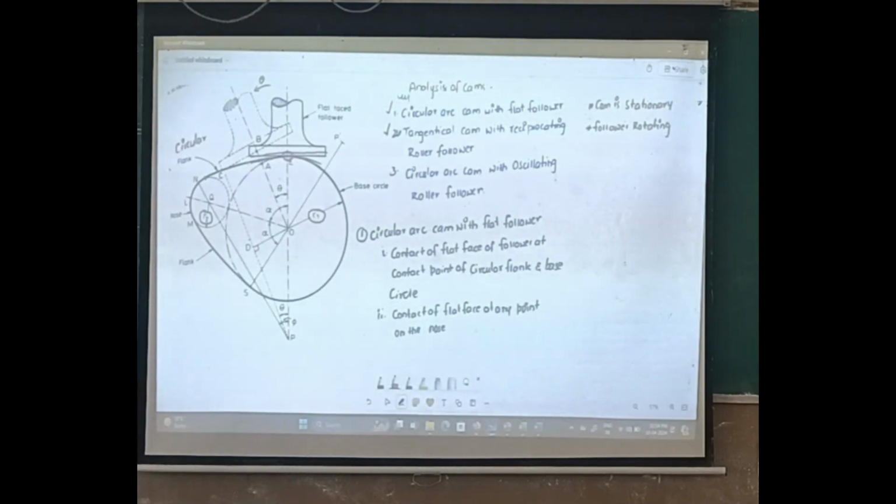When the follower is displacing, the point of contact changes along the line of the stroke, which indicates the displacement of the follower. This one is S.